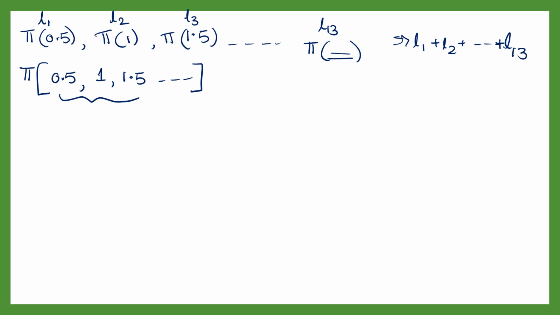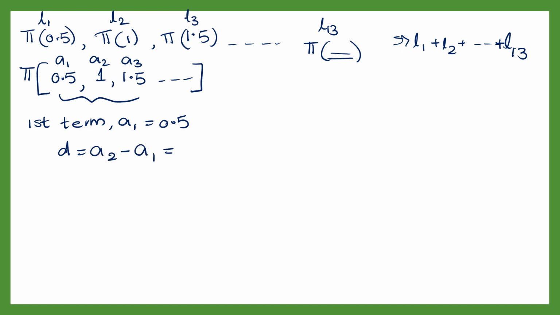So this is an arithmetic progression: first term, second term, third term, and so on. The first term a1 or a is 0.5. The common difference d, the difference between consecutive terms, a2 minus a1, is 1 minus 0.5, which equals 0.5. The number of terms n will be 13, as there are 13 semicircles.